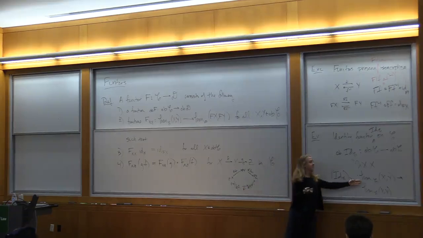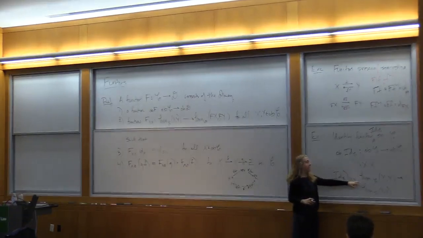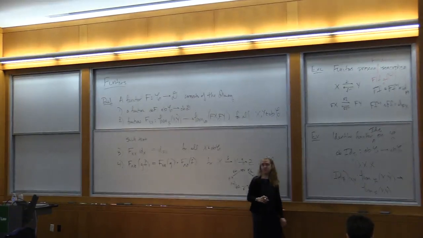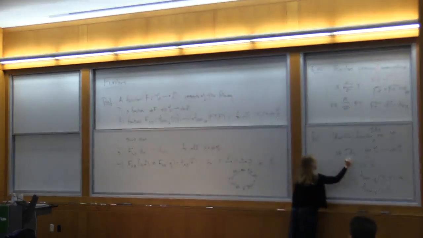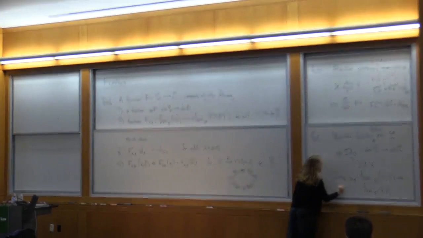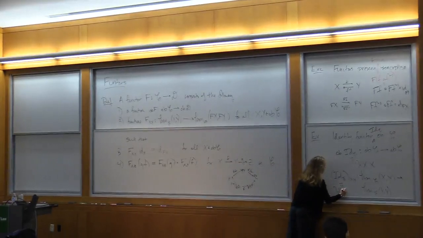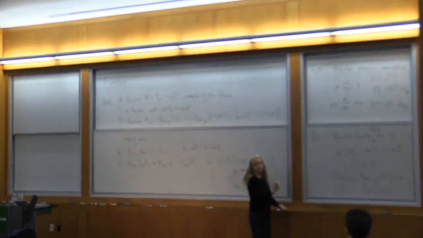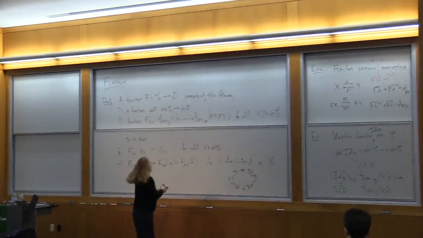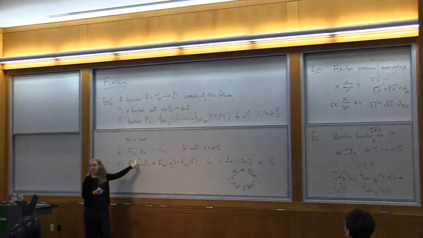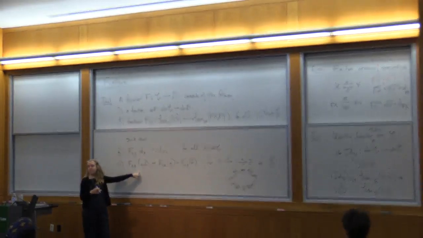If the things are the same, it should just do nothing. It should be lambda f dot f. And now we need to check that it preserves the identity and the composition.